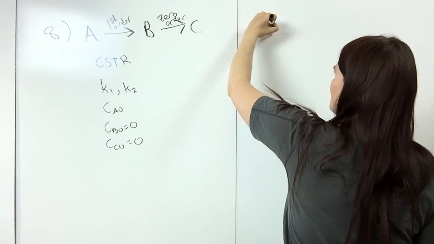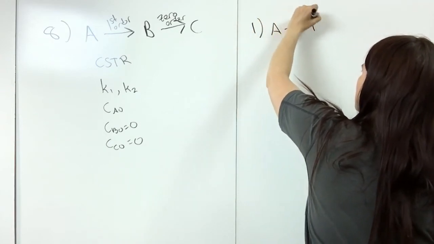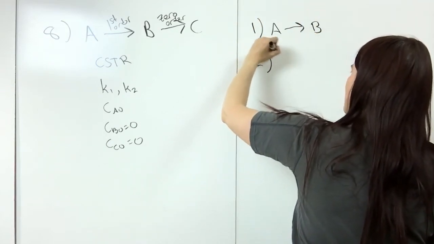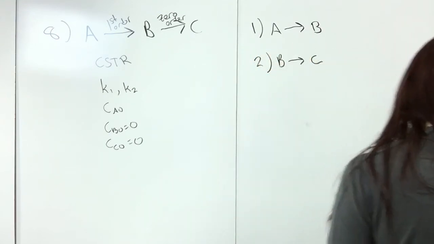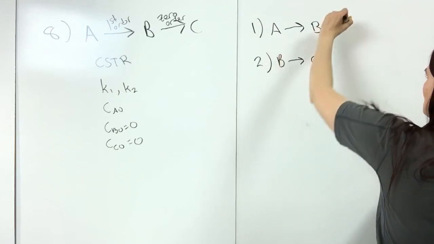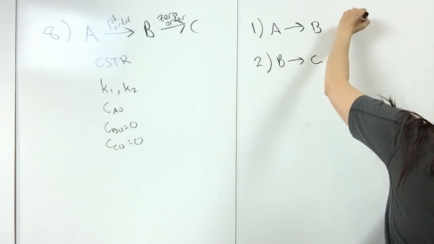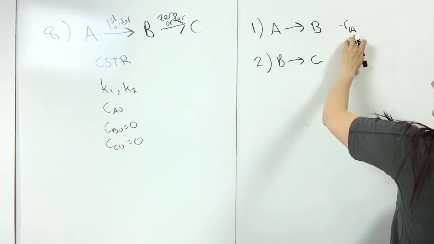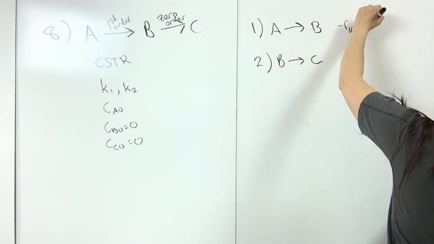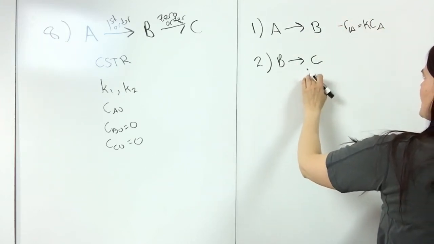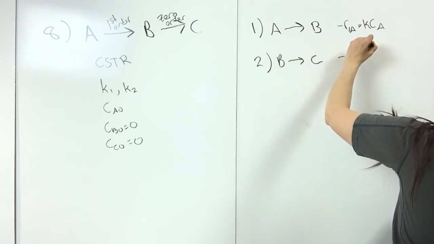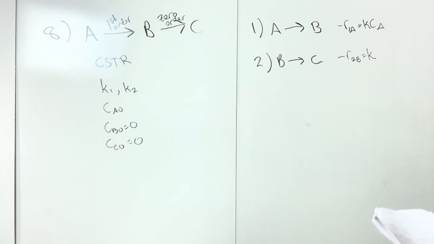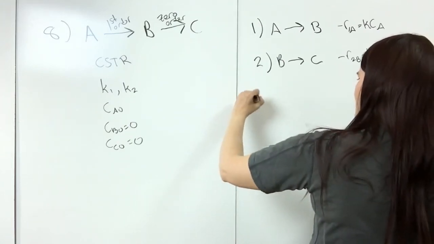The first one would be A to B, and the second one would be B to C. The first one is first order, so minus R1A is equal to K1 CA, and the second one is 0 order, so R2B is equal to K2. Now we want to do a mole balance.